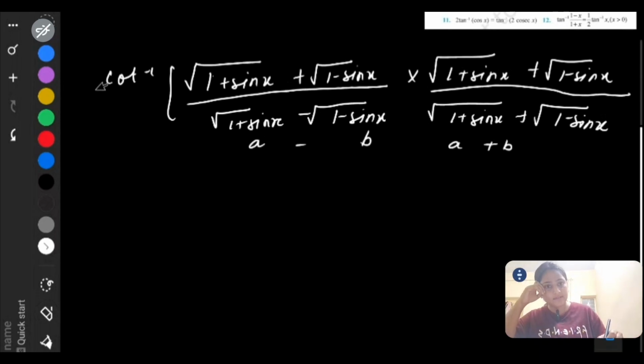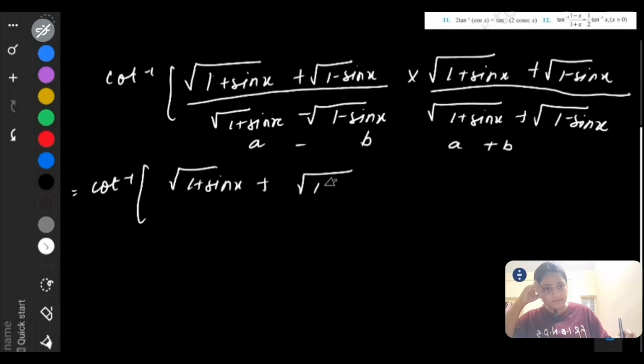So now next step, cot inverse. Can we write under root 1 plus sine x plus under root 1 minus sine x whole square? Because here we'll multiply.